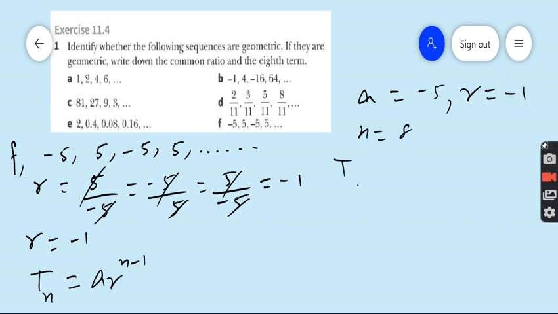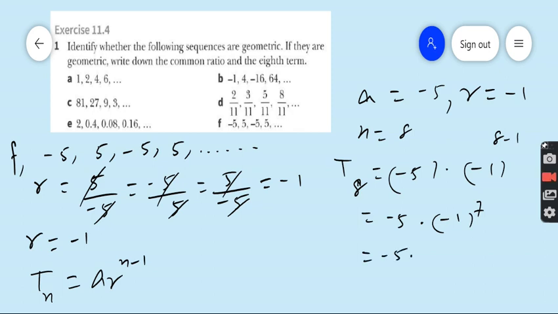So T8 = a r^(8-1) = minus 5 times (minus 1)^7. Minus 1 to the power 7 is minus 1, minus times minus is plus, so 5. Hence the ratio is minus 1 and the 8th term is 5. So hope you completely understand question number 1. Let's move to question number 2.